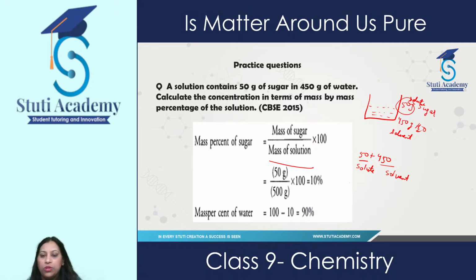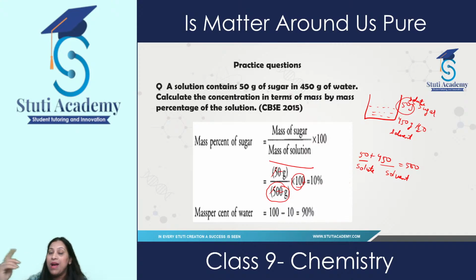When we add both these, it is 500. So mass of solution is 500. Now multiply this by 100, and then we'll get our answer like this. 10% is left. Okay, so it is mass percentage of sugar only.